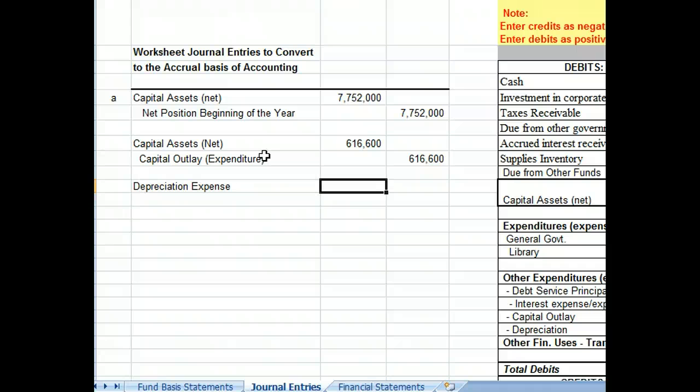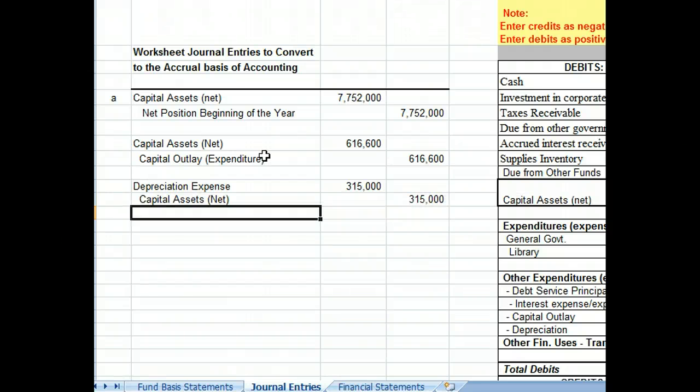So the amount given to you for that was $315,000. That was given to you in the problem in the book. And we are going to actually credit the capital assets net. In a typical business arrangement, you would be crediting accumulated depreciation related to those capital assets.